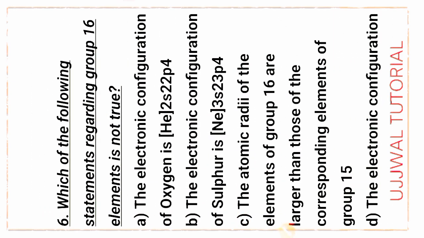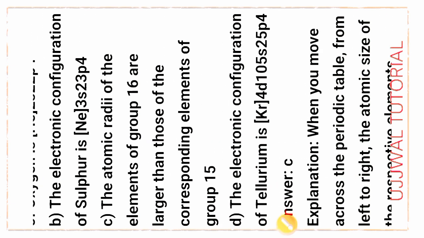Next question, question number 6. Which of the following statements regarding group 16 elements is not true? Option C is the appropriate answer: the atomic radii of the elements of group 16 are larger than those of the corresponding elements of group 15.